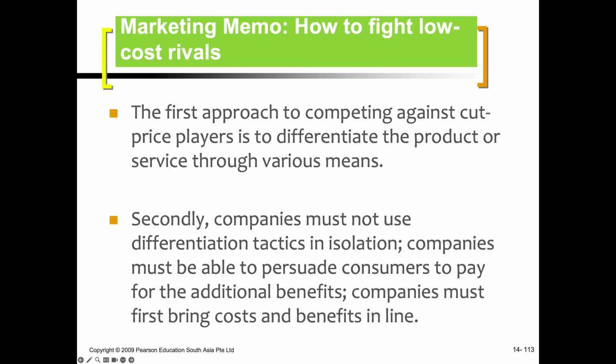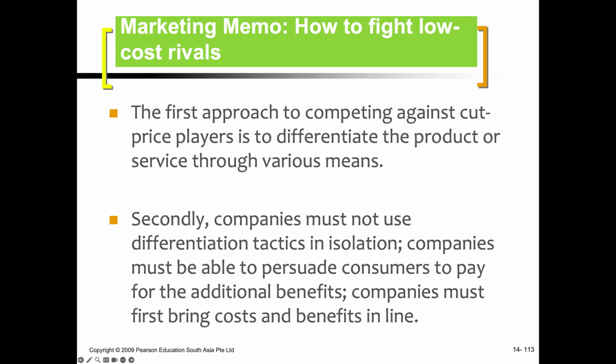So, just a memo, how to fight low-cost rivals. The first approach to competing against cut-price players is to differentiate the product or service through various means, like establishing new lines of products or adding value to existing products, or, as we discussed before, increasing the quality and the value.